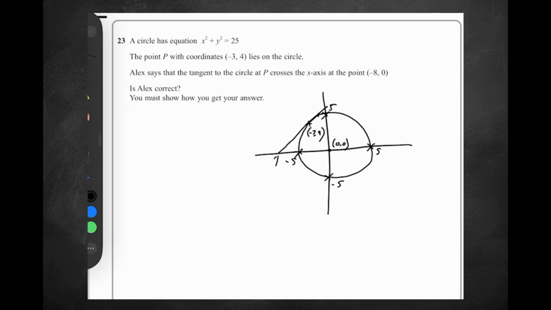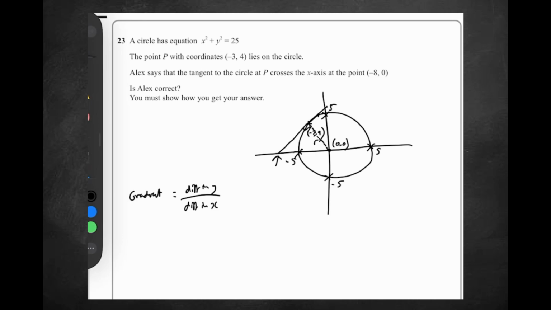So Alex thinks that this point here is minus 8, 0. So the gradient of that tangent is the difference in y divided by the difference in x. But instead of doing it on the tangent line, we're going to draw a right-angled triangle to the origin. So that's a right angle there.